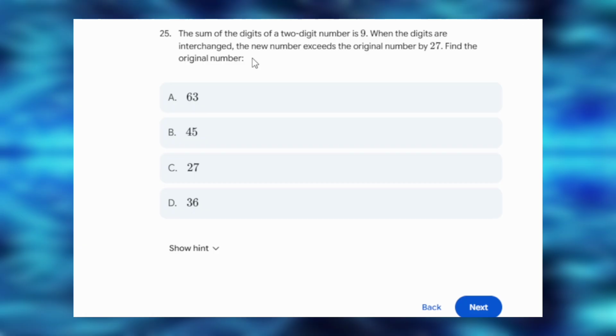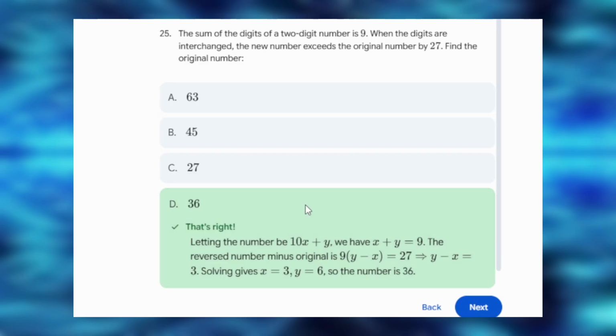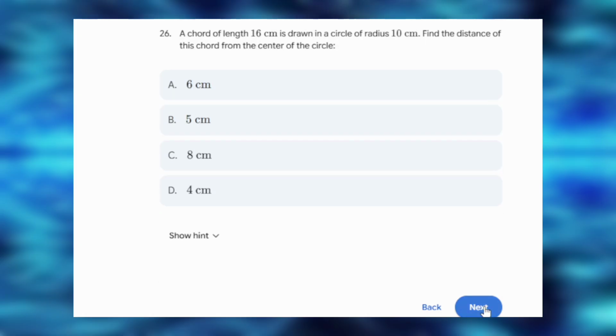By solving this, we get y equal to 6 and x equal to 3. Find the original number. 36 is the correct answer.